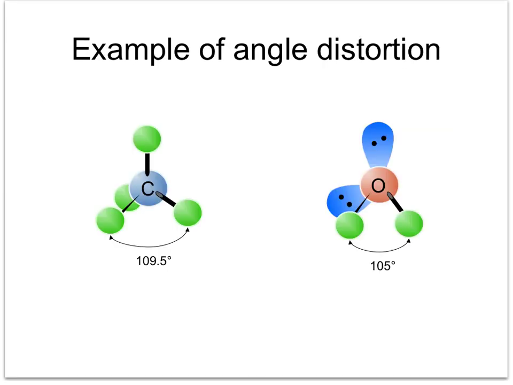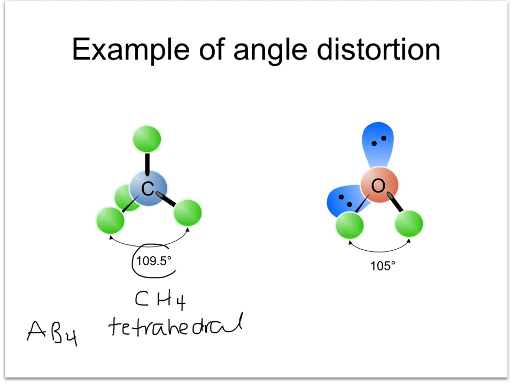If we take a look at these two pictures, you've got carbon tetrahydride, which we had looked at earlier on, a tetrahedral molecule, with a code of AB4. And we knew that the angle difference between the two bonding atoms was about 109.5.